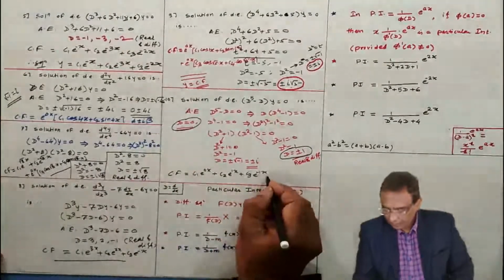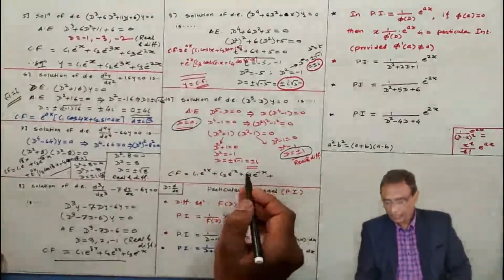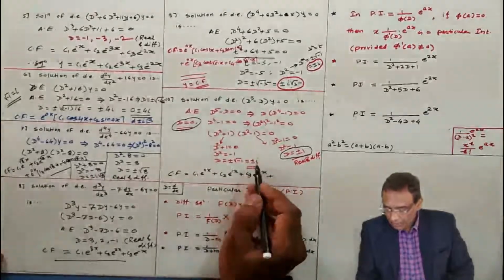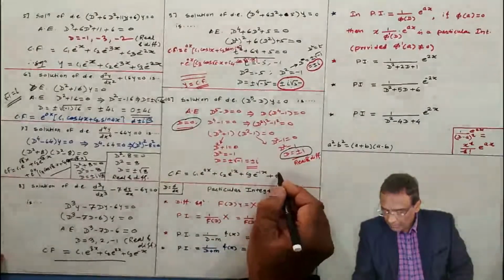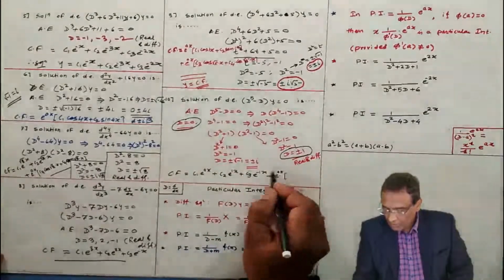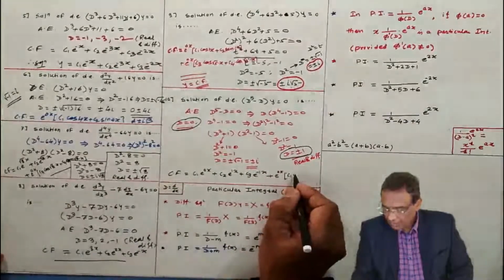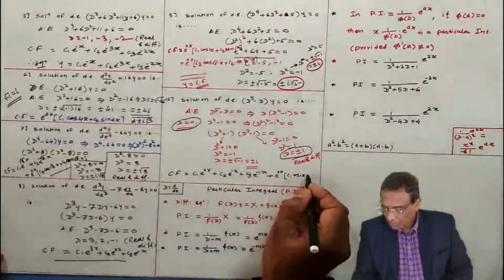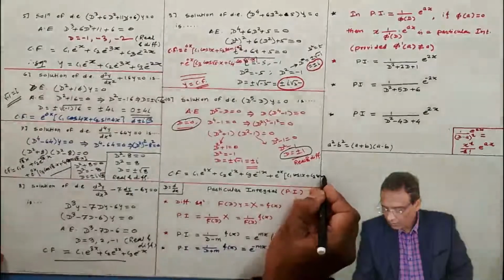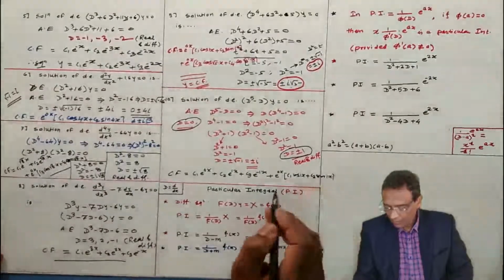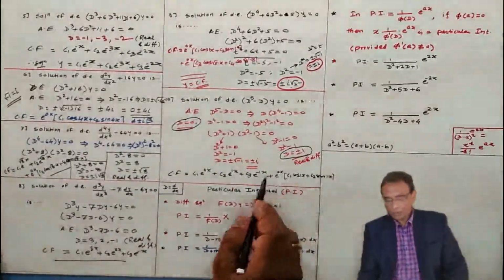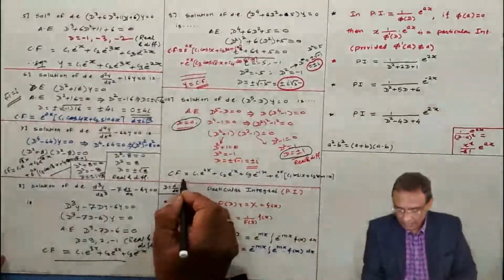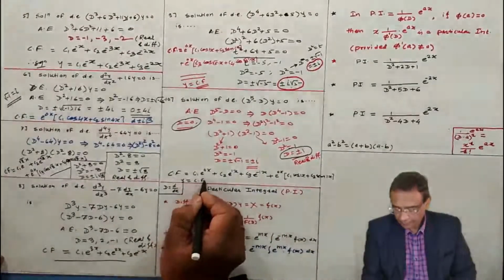Now c1, c2, c3 are there. These two roots are remaining, imaginary and different: e raised to power 0x, c1 cos 1x plus c2 sin 1x. In the next step, e raised to power 0 is 1 and the complementary factor itself is the solution.